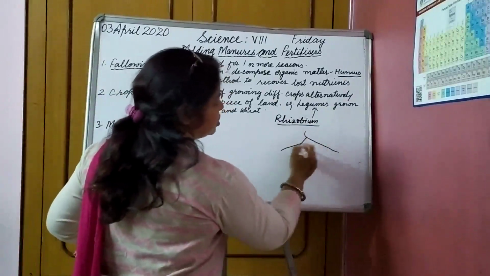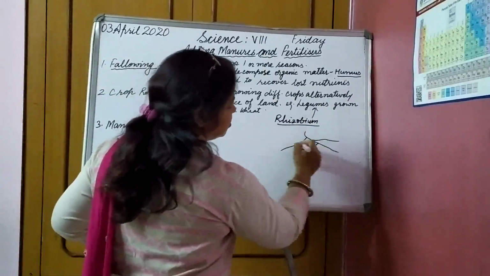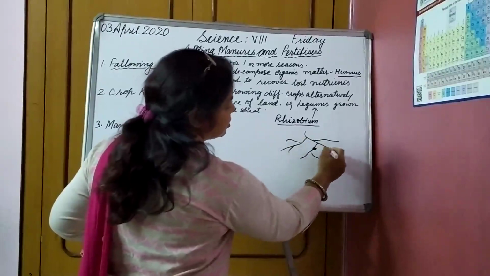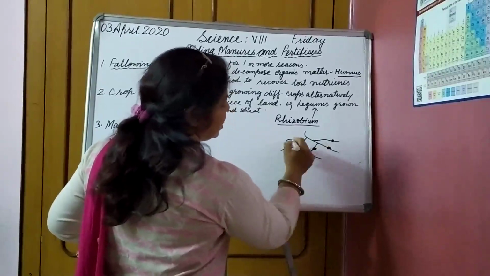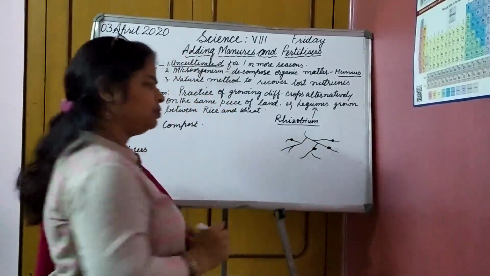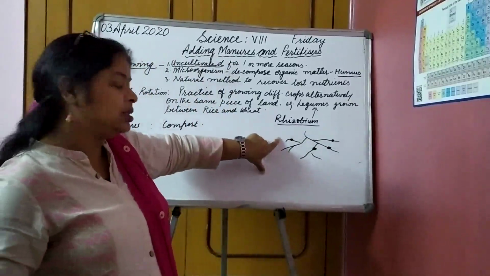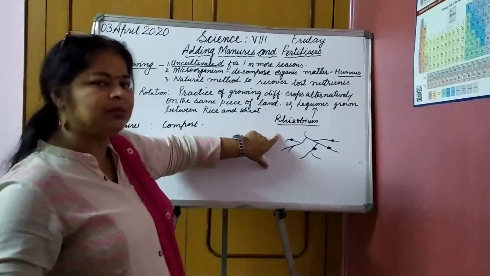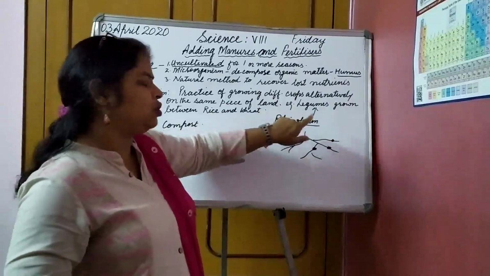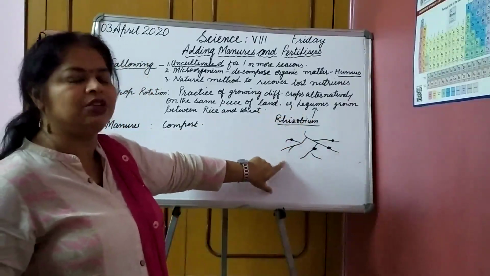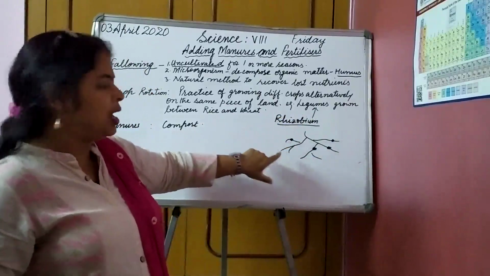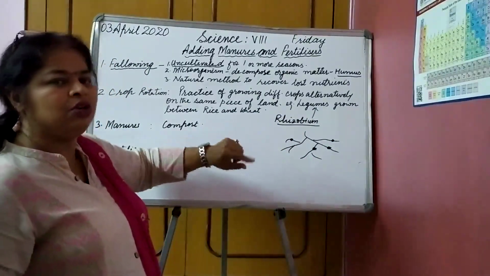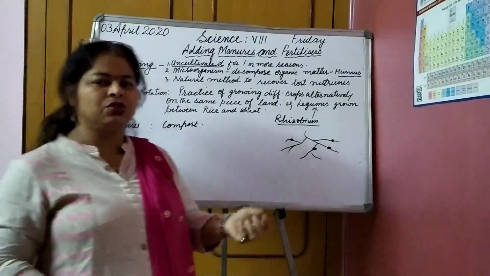The roots had some swollen parts, and these swollen parts contained the bacteria. Symbiosis, that also we discussed in the previous chapter. So this is a symbiotic relationship. These legumes increase the nutritive value of the soil, so it is also one of the methods to increase the fertility of the soil.